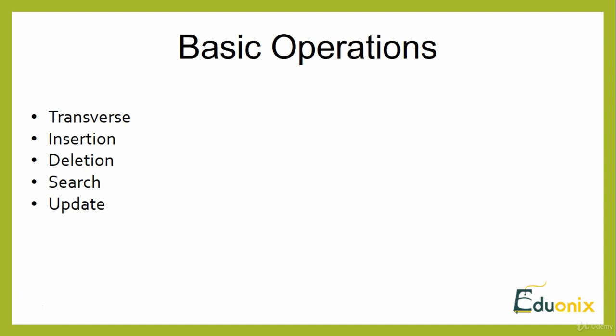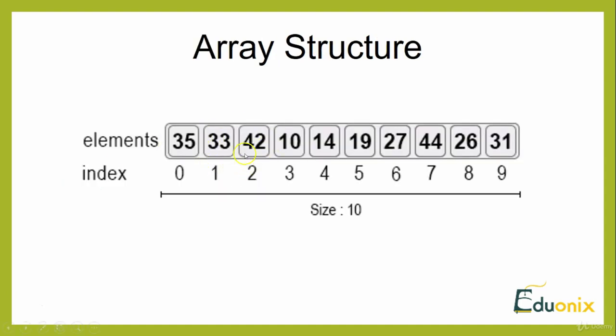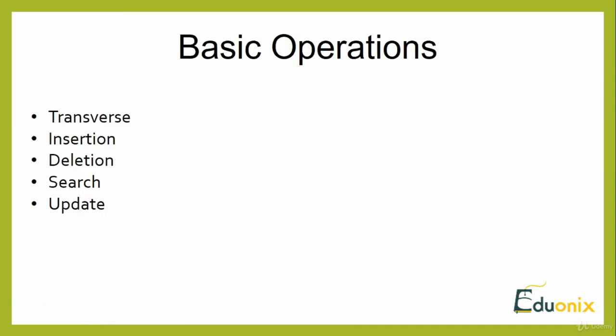Suppose I have index value 1 but the value for it is 33, and I want to replace it with 92. So update just removes this 33 and keeps the updated value 92. It does not insert a completely new value. That is the basic difference between insertion and update.